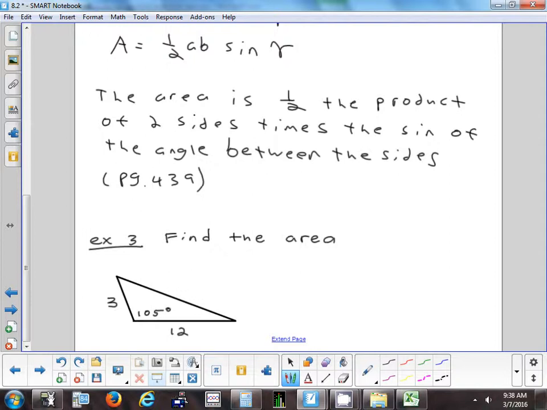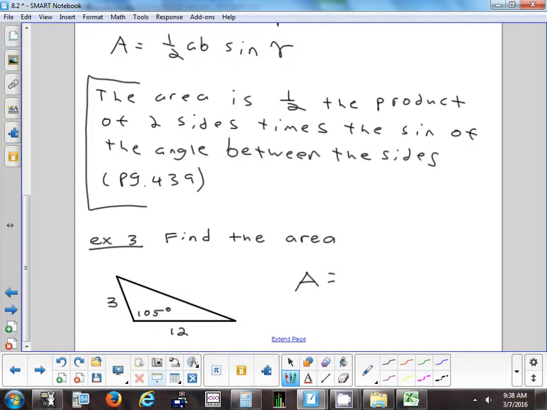No. How come in example 3 you have to understand the general idea rather than try and pick out one of those 3 versions, Brendan? Because there are no labels. You don't know which side is A, B, or C. So I can't tell you which version of the formula we're using. All I can do is say, use that general idea.